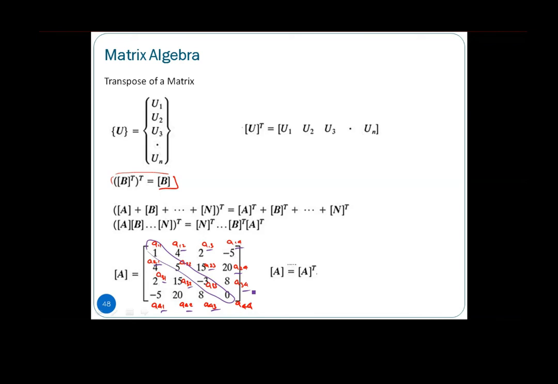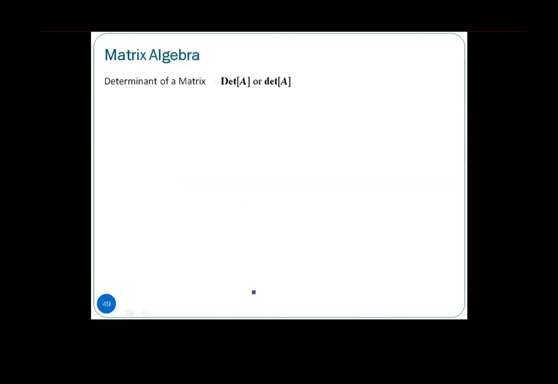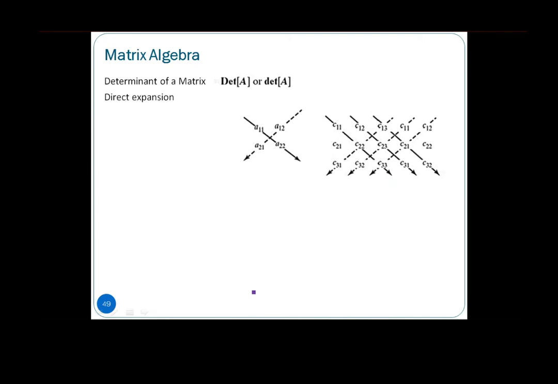Then we need to know the determinant, because if you still remember last week, when we formulated our problems, a lot of times you have the stiffness matrix K multiplied with U equals the load matrix, where U is the displacement matrix.